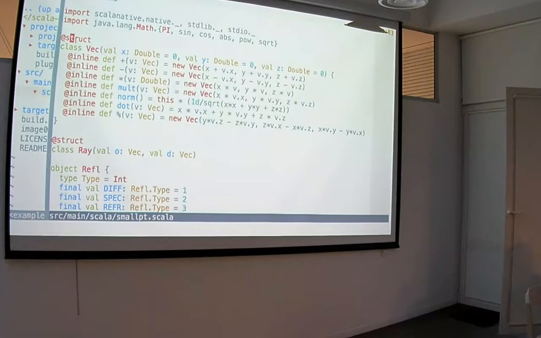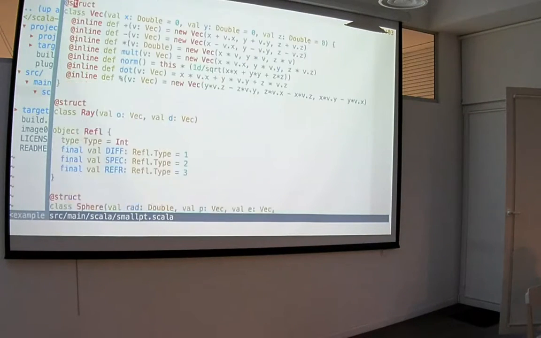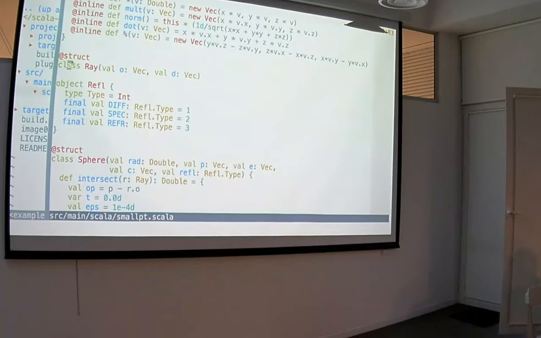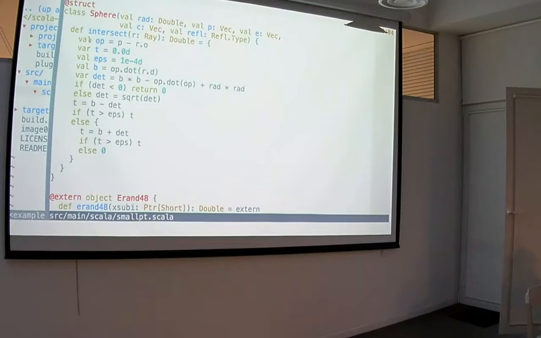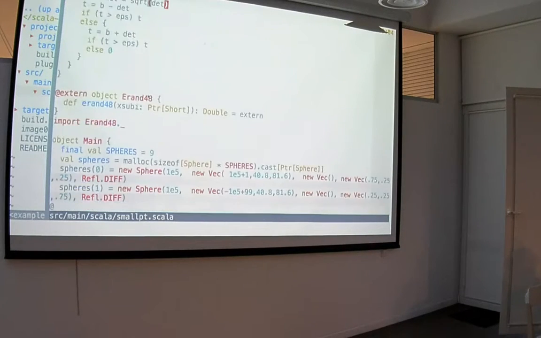Even though we have quite a slow GC at the moment, we are faster on these benchmarks purely because we don't allocate as much. And we do a bunch of structs, and structs can have methods inside them that define a nice operation. For example, you might want to intersect a sphere with a ray and produce a value for it.